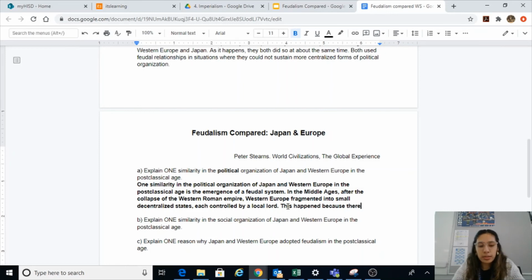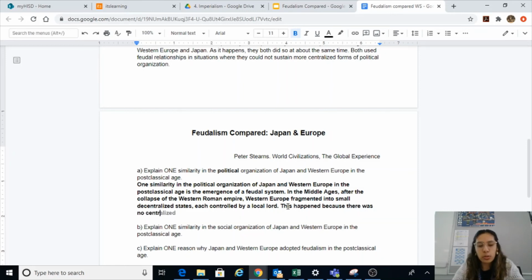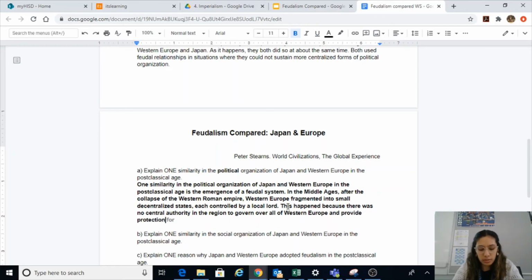So this happened because there was no central authority in the region to govern over all of Western Europe and provide protection from frequent invasions from outsiders. Okay.